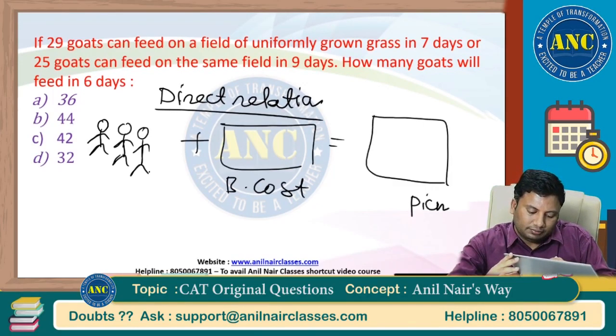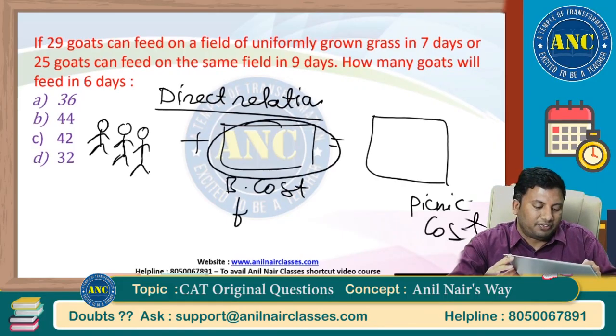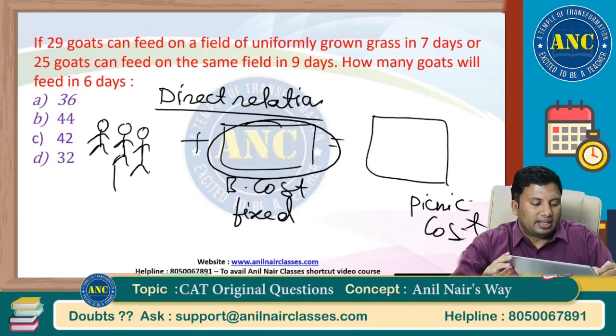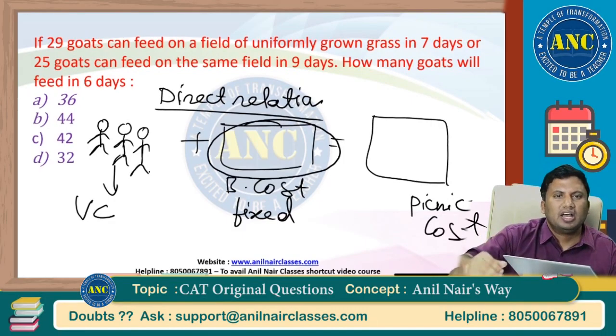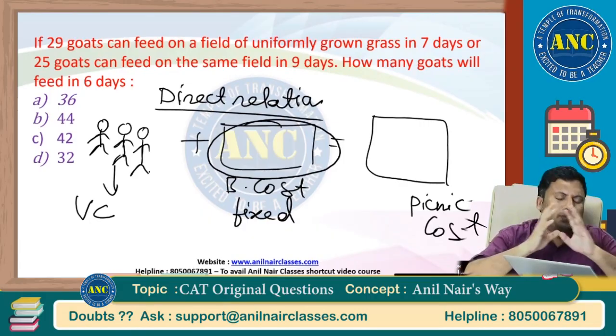The bus cost is fixed, and this is a variable cost. Suppose somebody said that it does not matter how many people there are, why the bus cost?